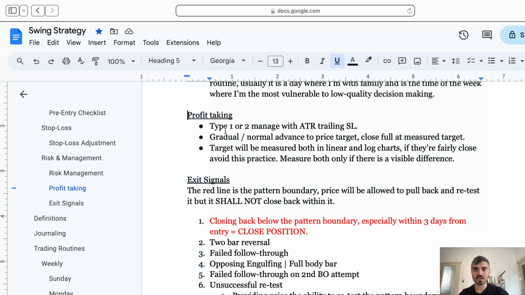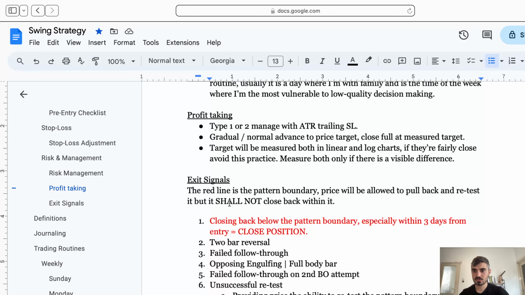Okay, so type 1 or type 2 manage will be according to ATR trailing stop loss. Gradual or normal advance to price action will be close at full measure target. Target will be measured both in linear and long short, so that's not something to pay attention to.